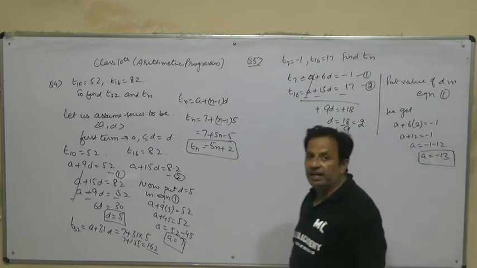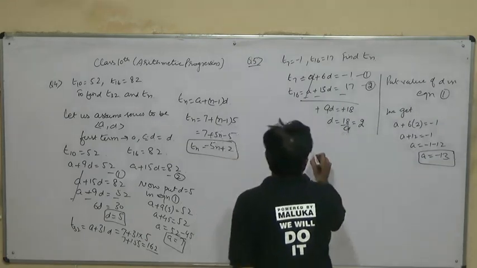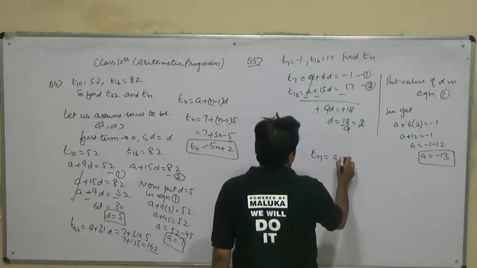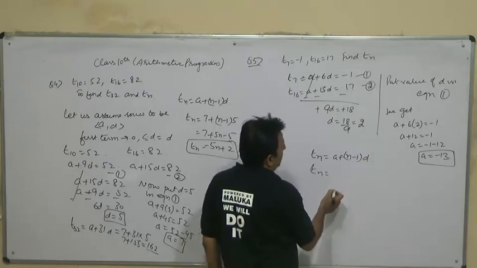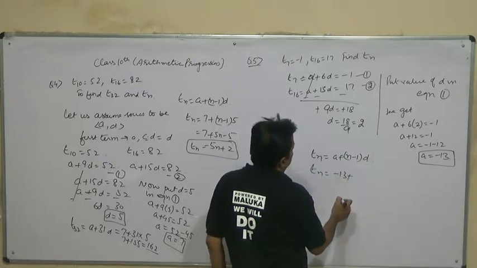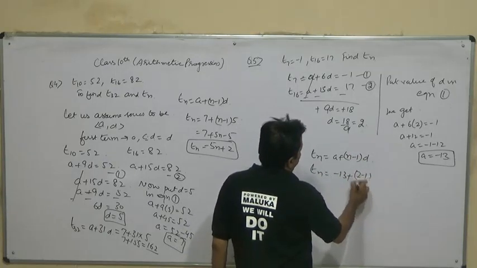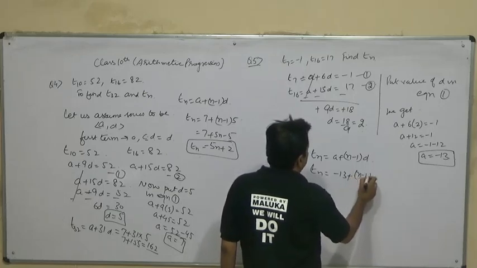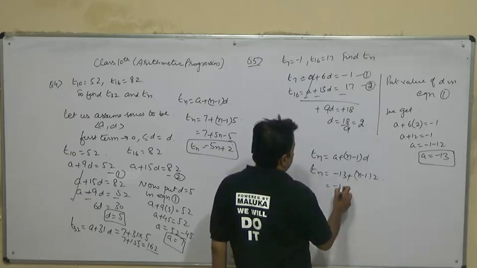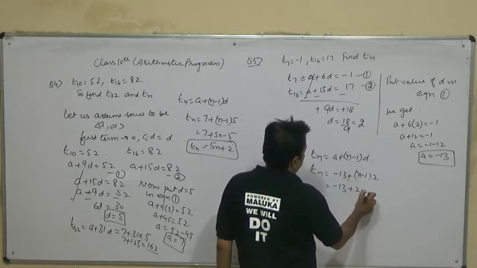Now we can write the general term Tn. So Tn is given by A plus n minus 1 into D. So Tn, A is -13 plus n minus 1 into 2. So this is -13 plus 2n minus 2.